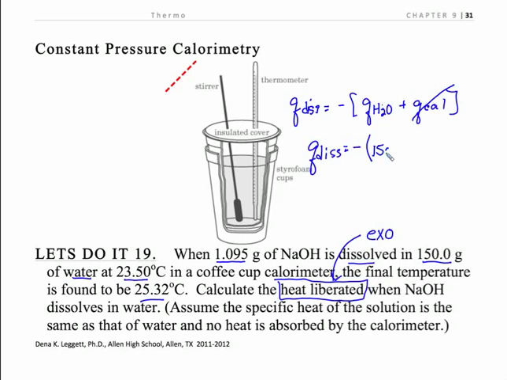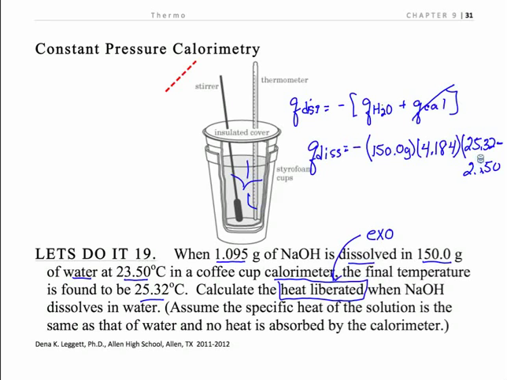So I use 150 grams of water. It says I can use the heat capacity of water. In other words, the sodium hydroxide that's dissolving isn't altering the heat capacity of the water too much, times my delta T, 25.32 minus 23.50. We're back to final minus initial all the time.